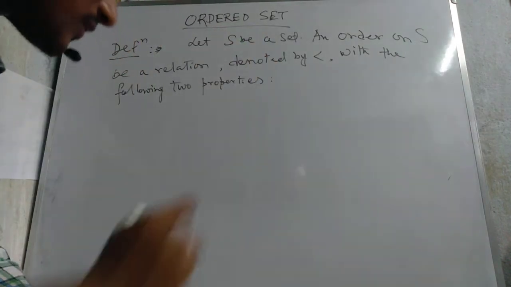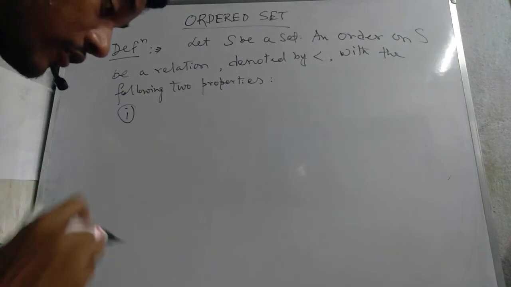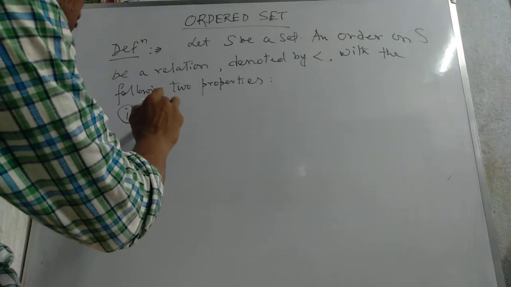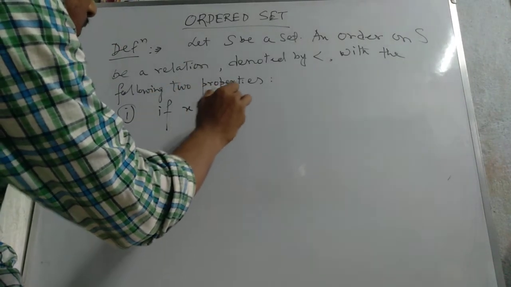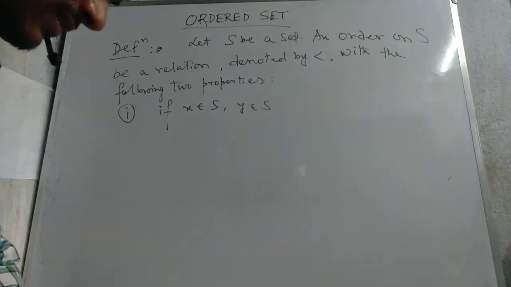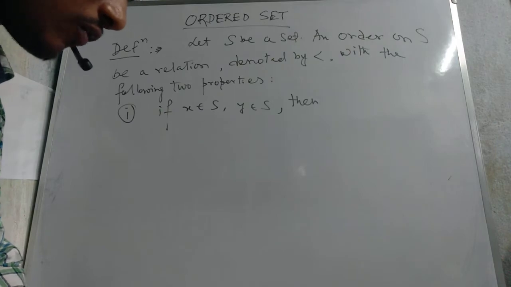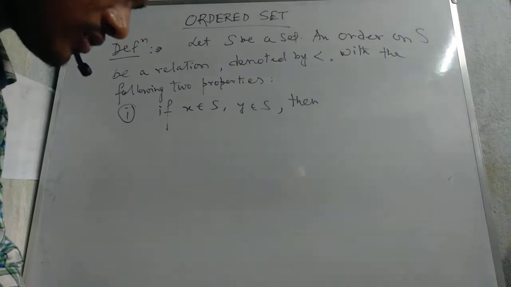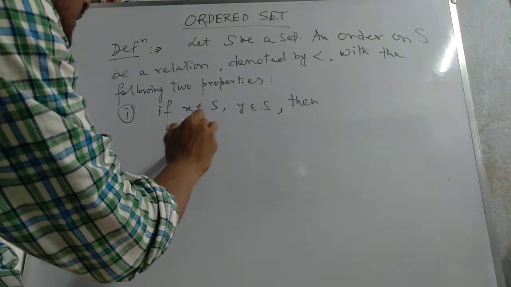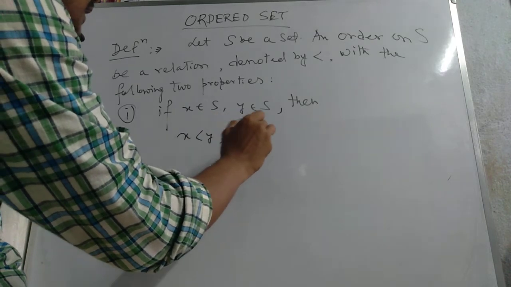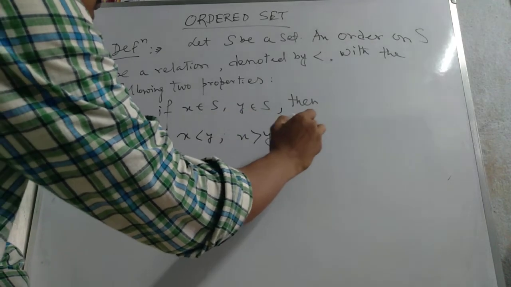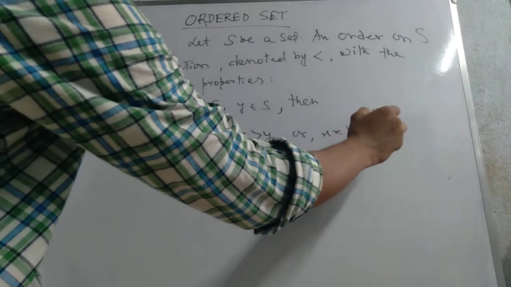The first property, we denote number 1: if x belongs to S and y belongs to S, then one and only one of the statements is true. That means x is less than y, or x is greater than y, or x equals y holds.